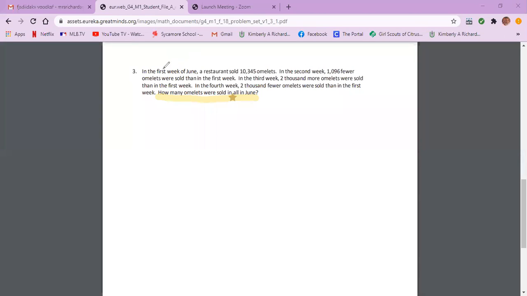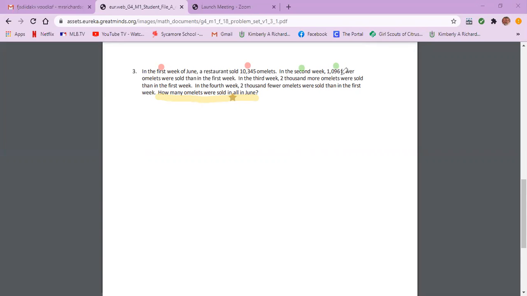So I noticed in the first week of June, I think what I'll do is just put a little dot. So the first week of June, the restaurant sold this many, okay? All right, so I'm just going to change colors so we will be able to see. In the second week of June, it was 1,096 fewer.